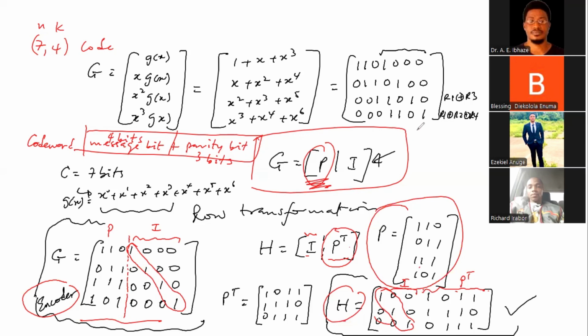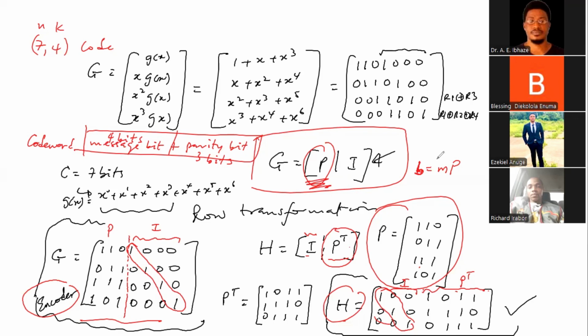And the formula to generate my parity bit is going to be my message bit times this parity. Once I multiply my message bit by this parity, I'm going to get the 3 bits that will match my message bits in the code word.